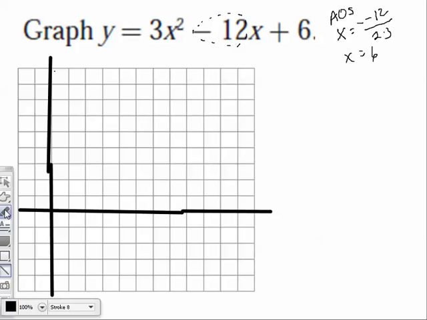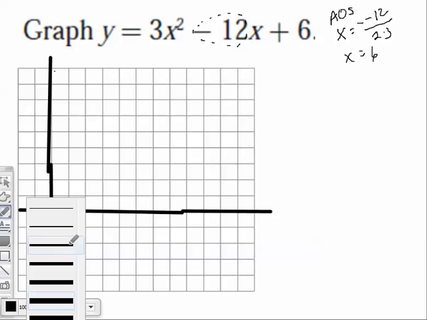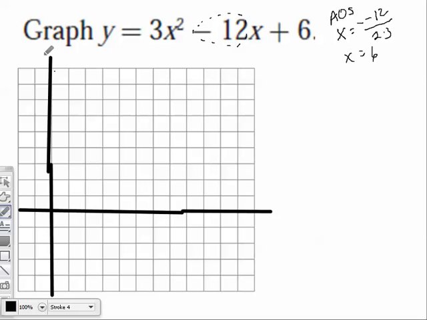And then we'll change this to that. So this is my y, and this is my x. Okay? So x equals 6. 1, 2, 3, 4, 5, 6. This will be my AOS. AOS meaning axis of symmetry.